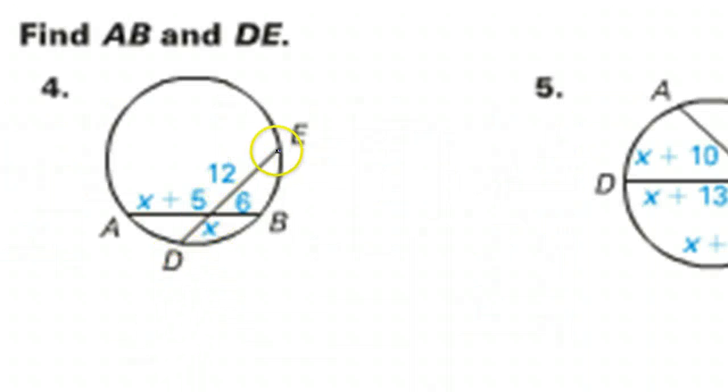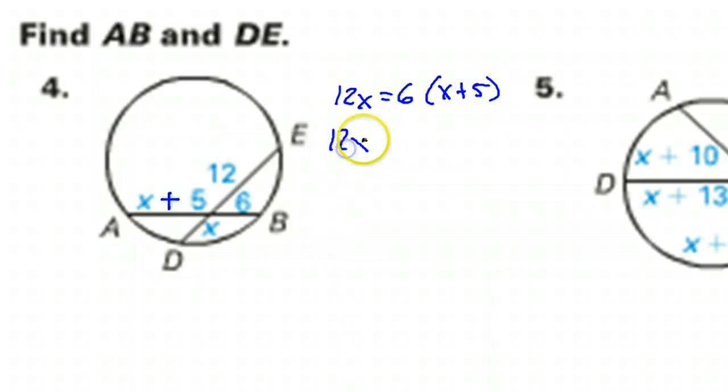Okay, looking at chord DE. Alright, let's see, I'm trying to make sure I'm getting these right. So part times part, that's x and 12. Alright, so that will be 12x. And that should equal part times part. That's another plus in here, it's a little hard to see, but part times part, so that's 6 times x plus 5.